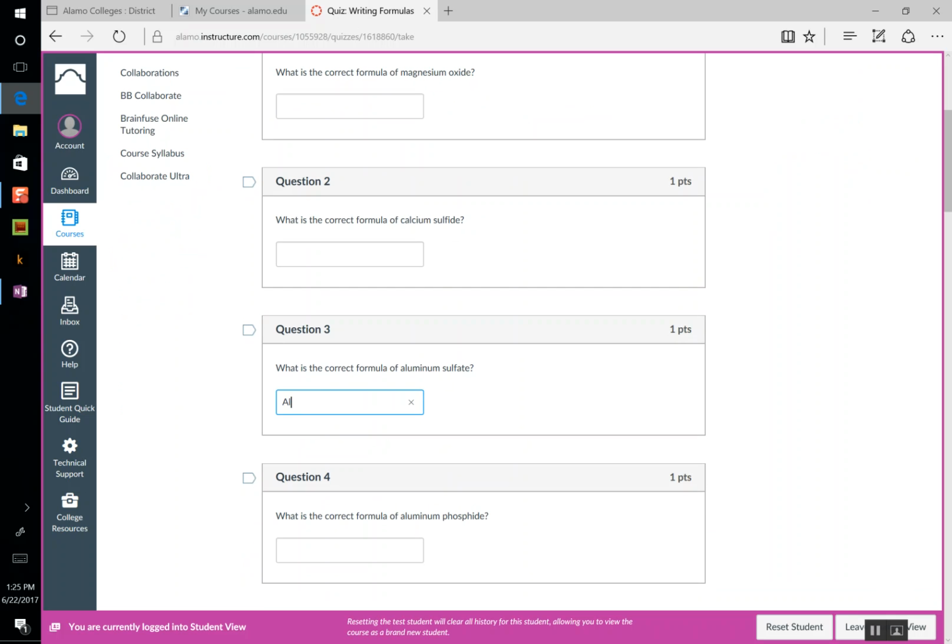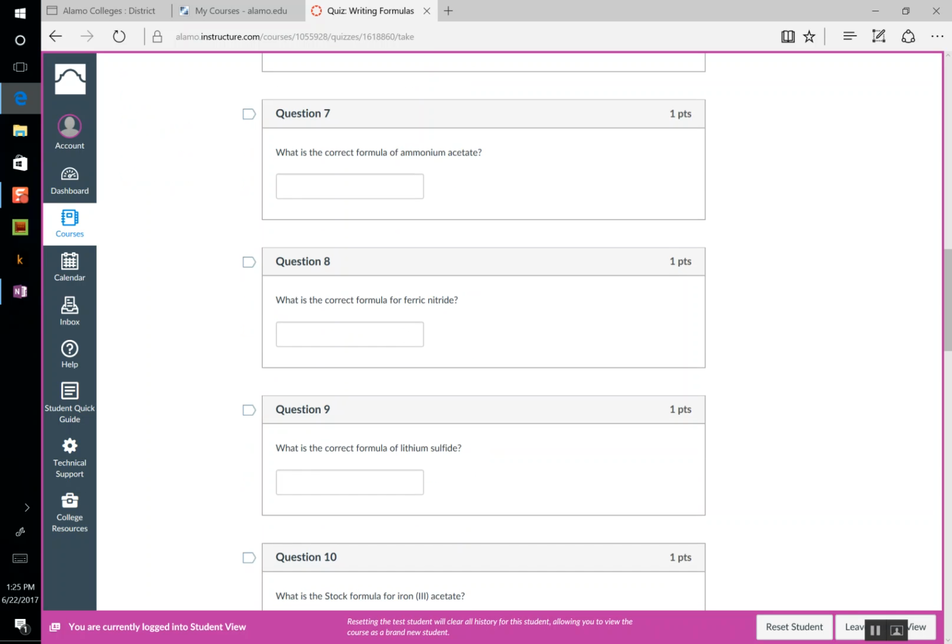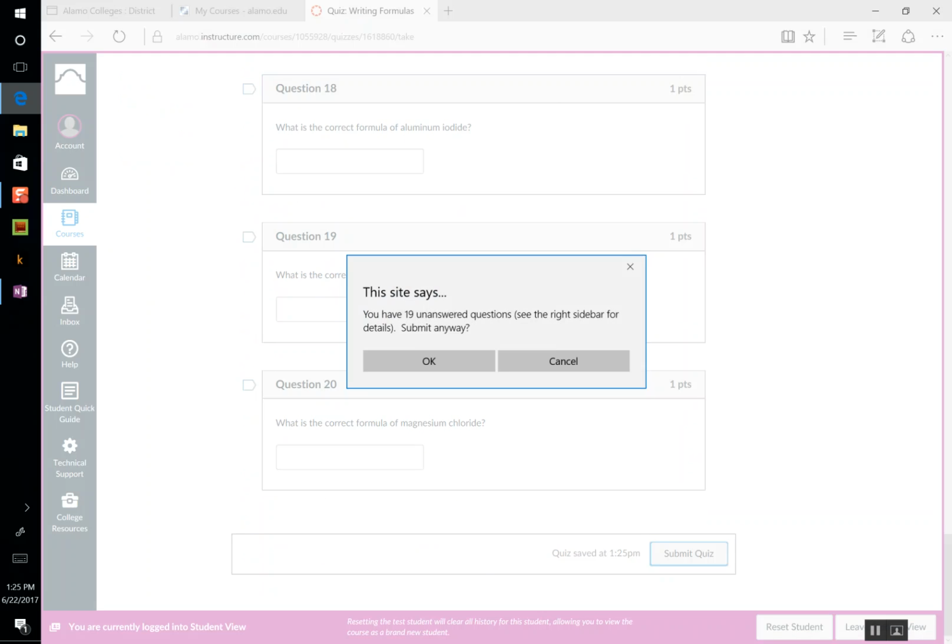The correct formula of aluminum sulfate is Al2(SO4)3. I think that's right. Okay, but they're not subscripts. I can't figure out how to put the subscripts in, so don't worry about subscripts. Just put in regular numbers and say, okay, let's see if I got that right.